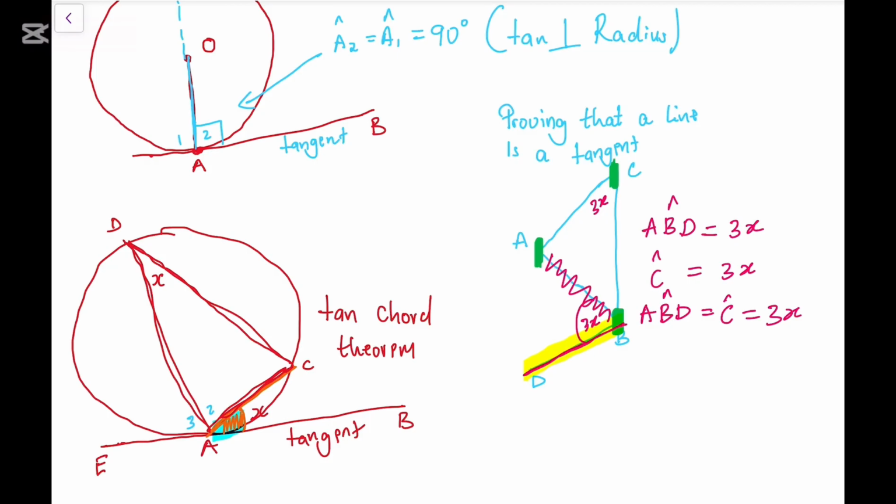That means there is a circle, even though the circle is not shown, that is outside here. Why are you saying BD is a tangent? You just say converse tan chord theorem.